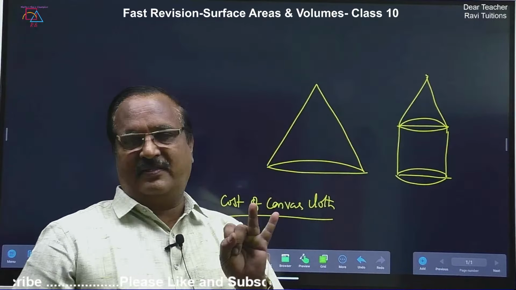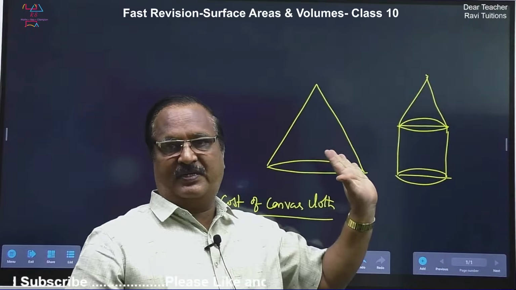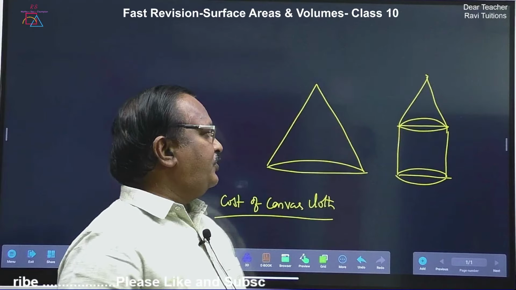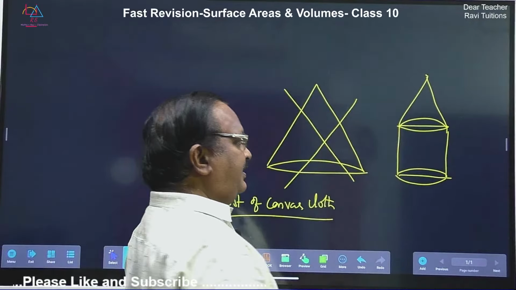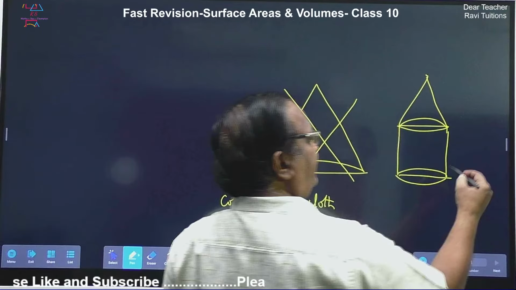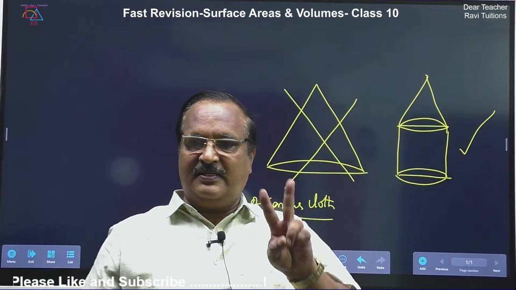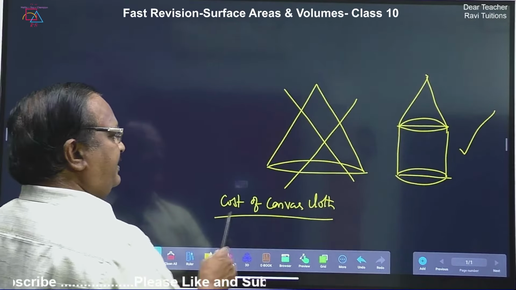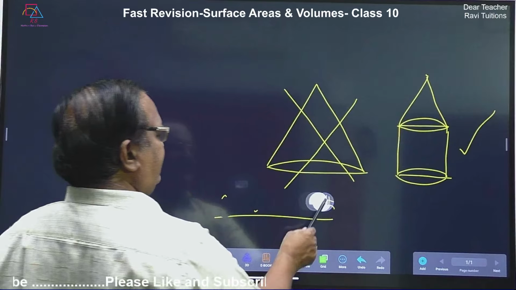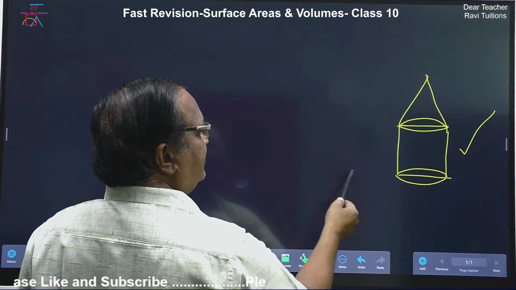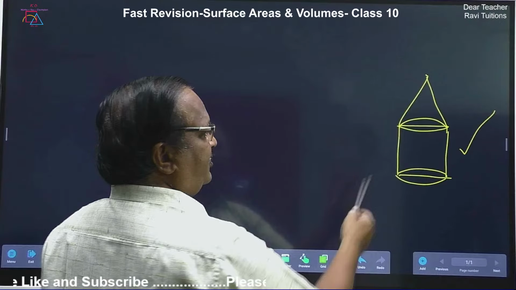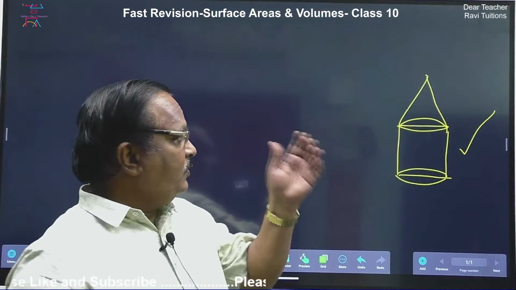These two questions will be there. Definitely this figure won't come, because this is a single figure, and this figure you may have a chance because two figures are there. So I'll rub this. This question definitely won't come, and this question will come, right?